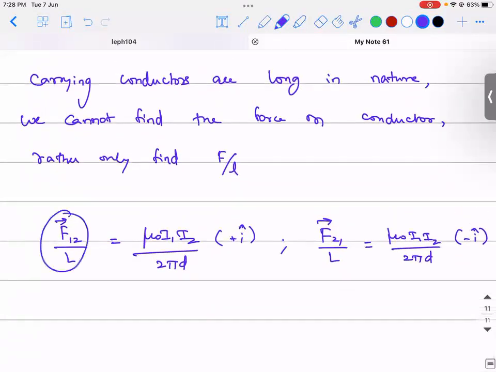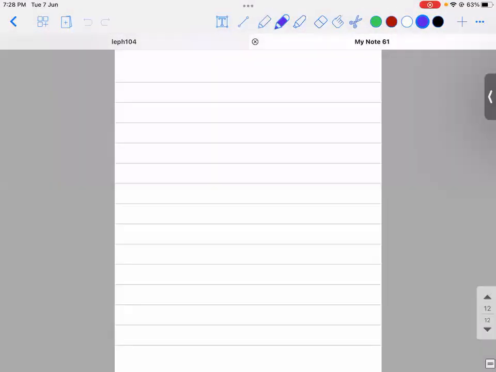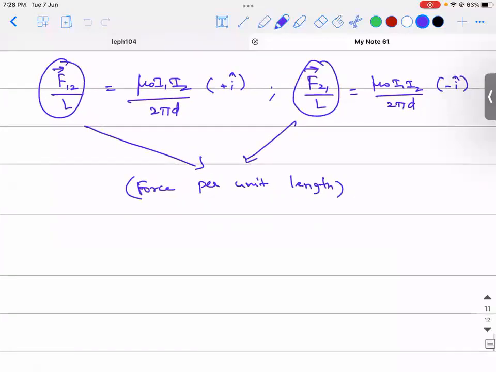So these two are called as the force per unit length. So we calculated the force per unit length, we didn't calculate the forces exactly. Is that clear? Okay. Is that clear? So this is the value.